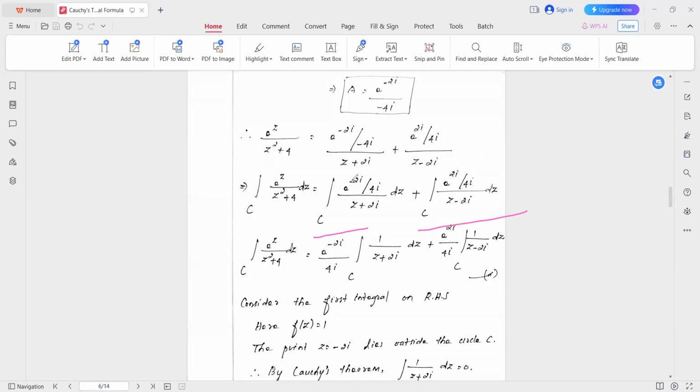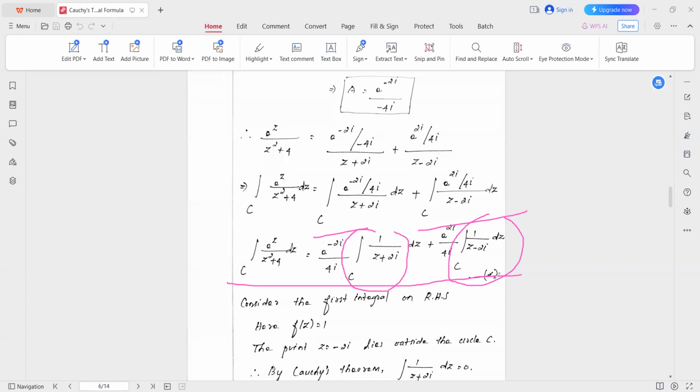Here e^(−2i)/(4i) is a constant term, so we take it outside. Similarly, e^(2i)/(4i) is a constant term, and we take it outside. So the integral over C will become this. Now we evaluate this integral separately and this integral separately, and we multiply by this and by this one.